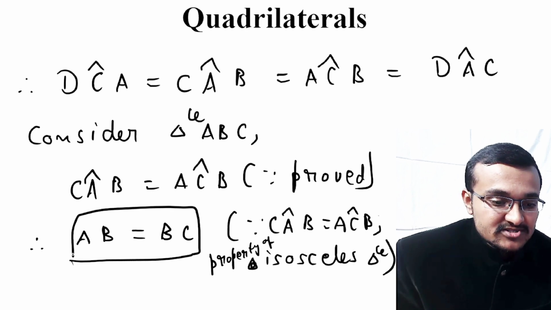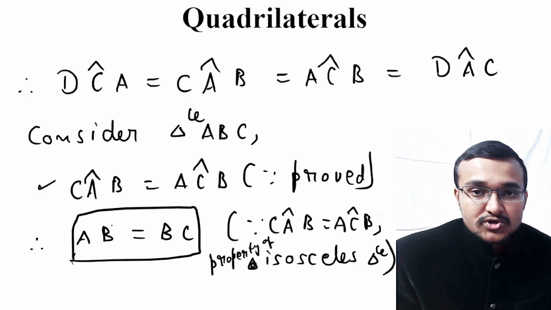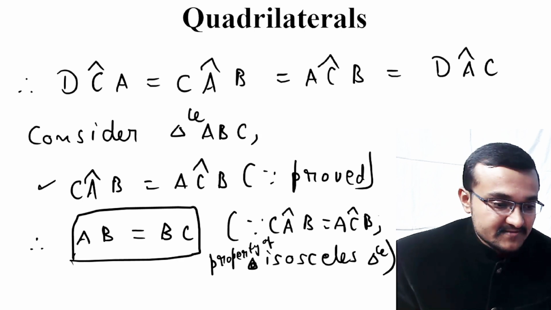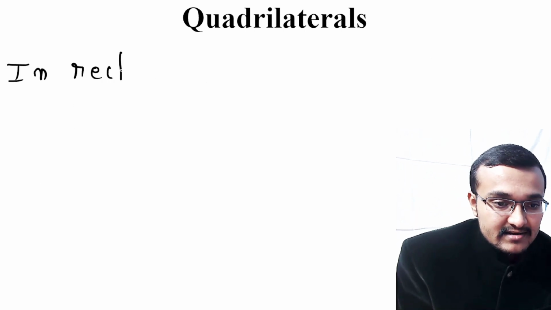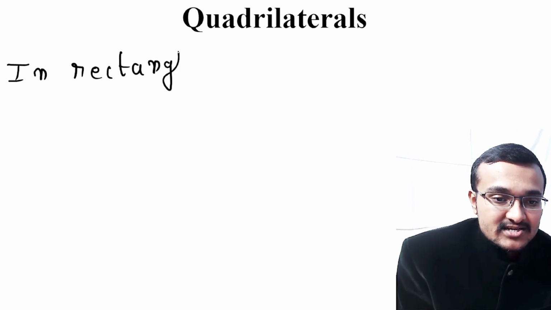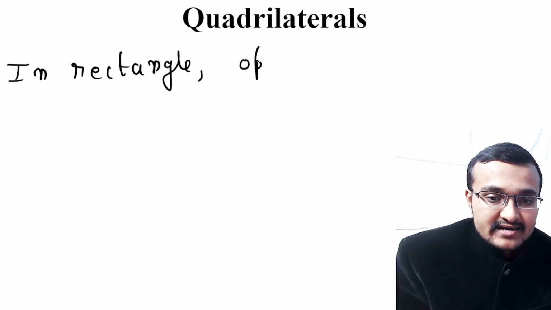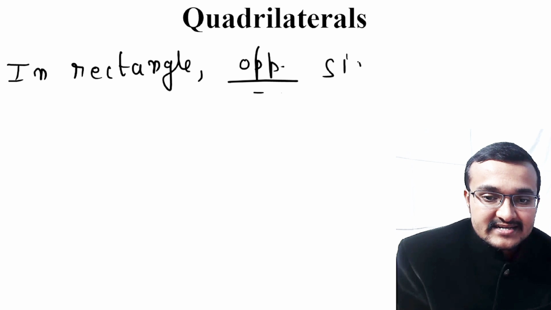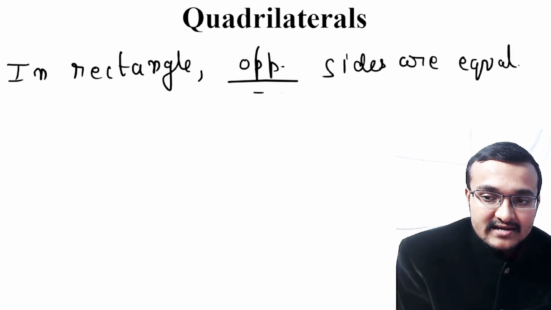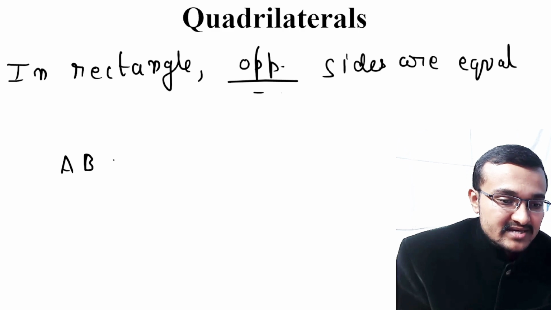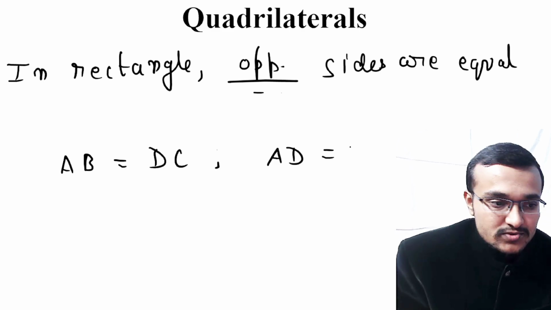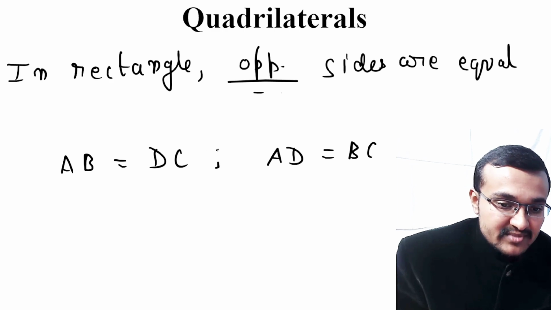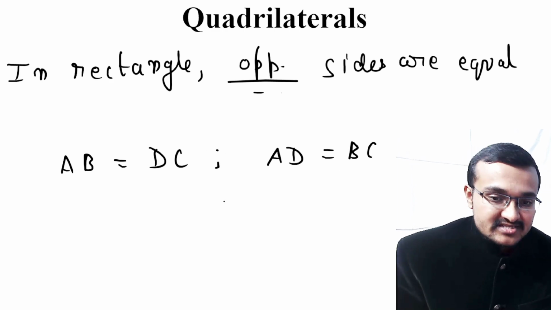And in a rectangle, opposite sides are equal to each other. So that means AB is already equal to DC and AD is already equal to BC.